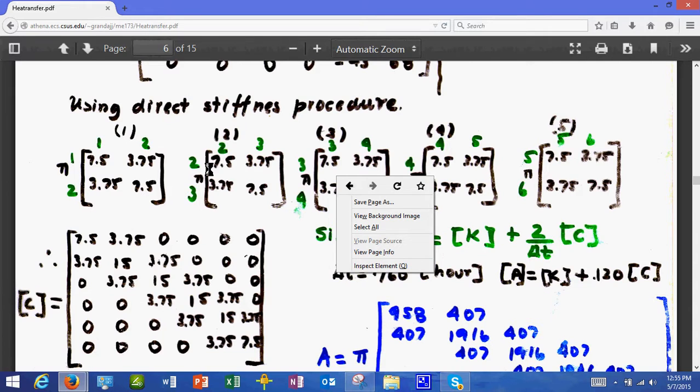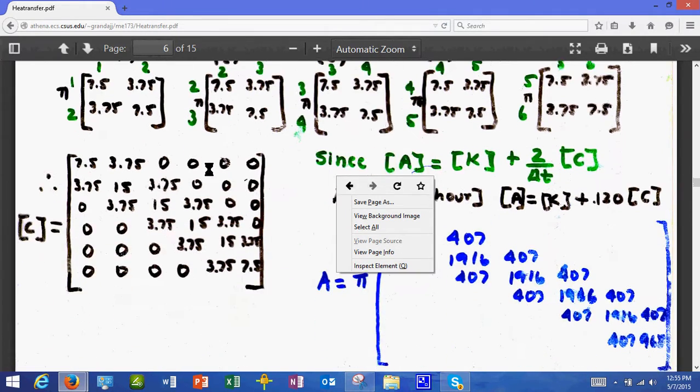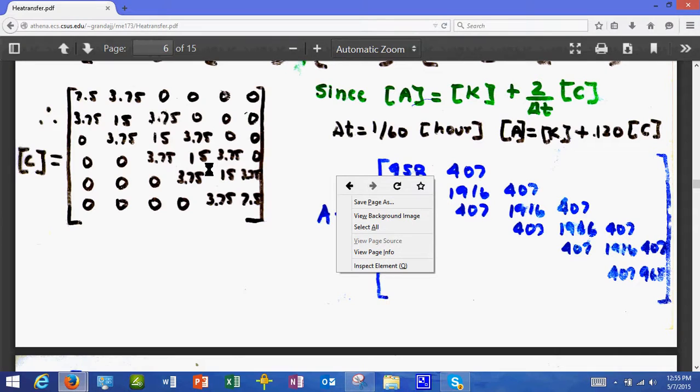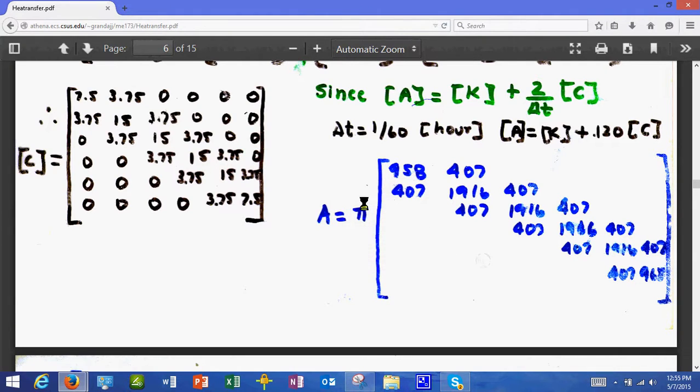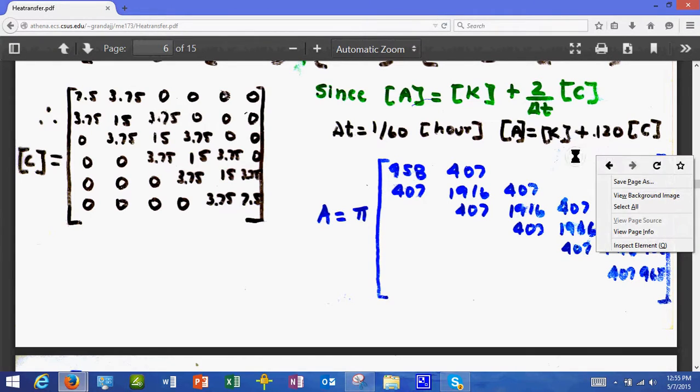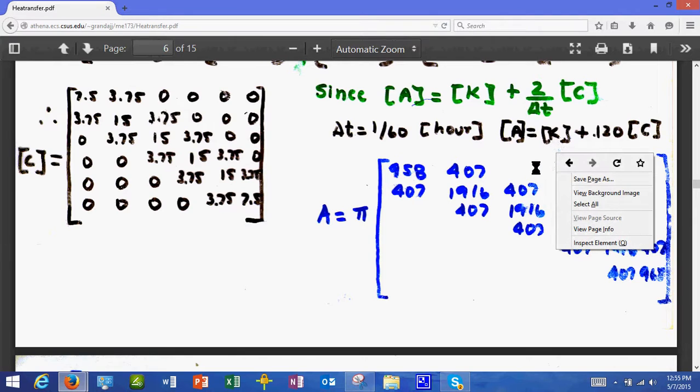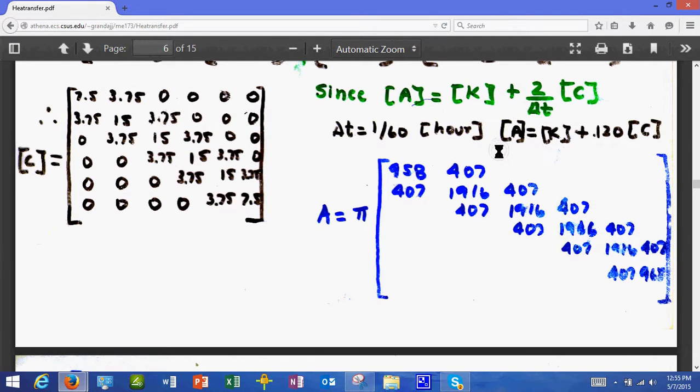Okay. The objective of this whole thing, as you know, is to obtain a global stiffness matrix in this way, because having it this way is really helpful, because all these are zero.